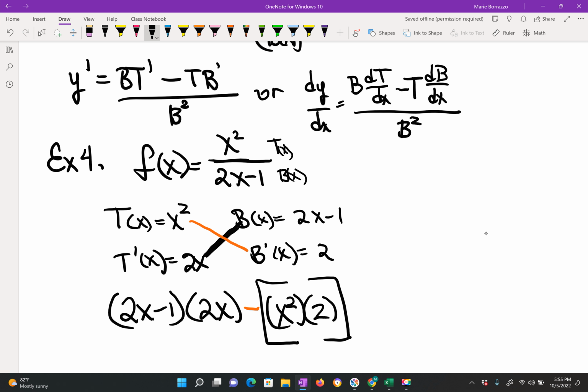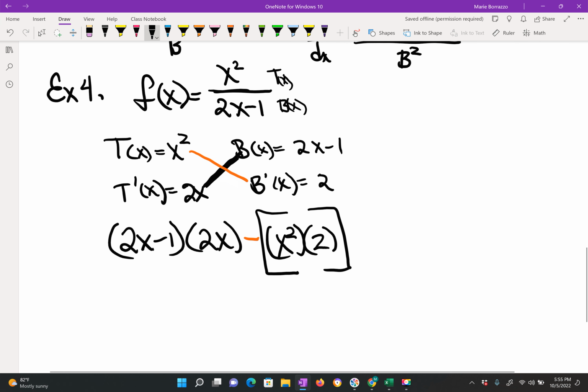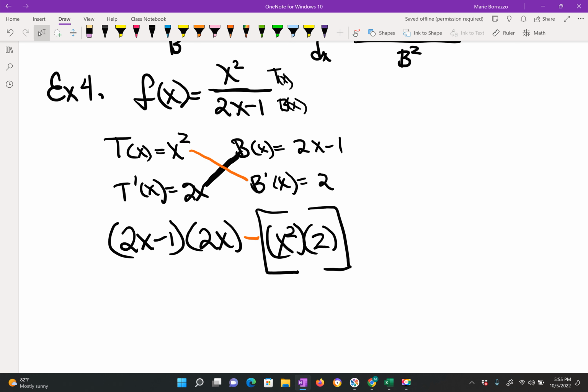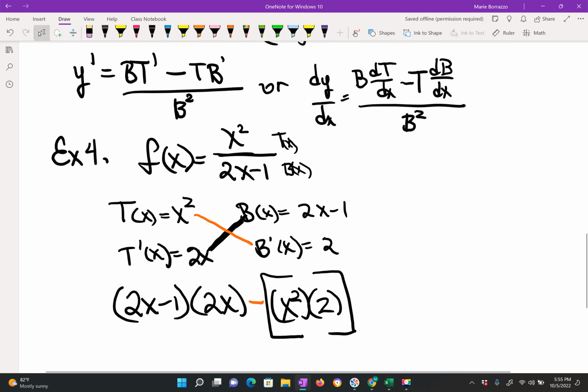But it's going to be the negative of that, and if by chance you have a binomial or a trinomial, you may forget that that negative is going to affect all the terms following. And yes, all of this is over 2x minus 1 squared. You don't have to do anything to it.